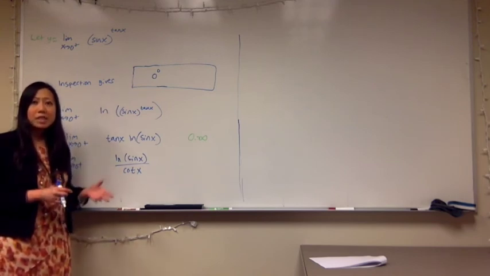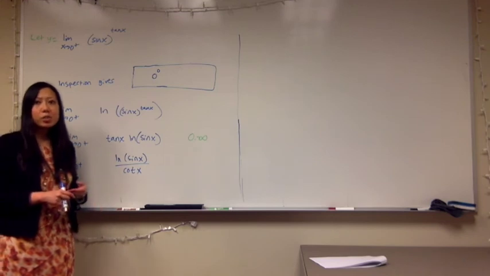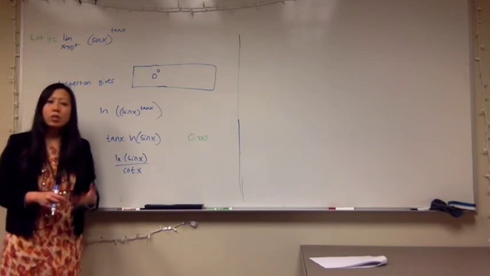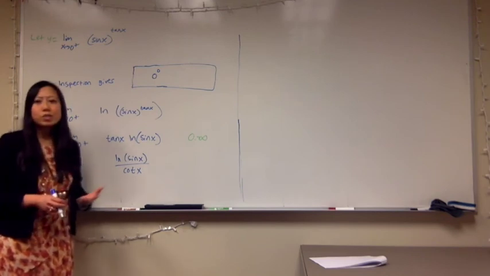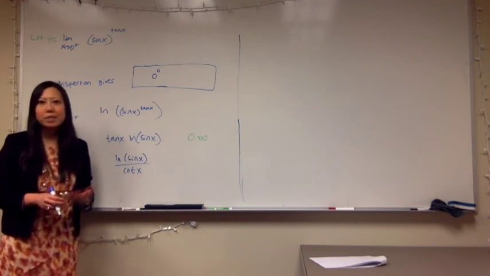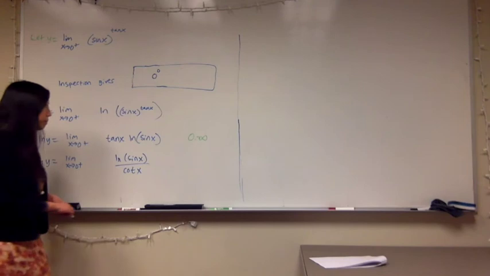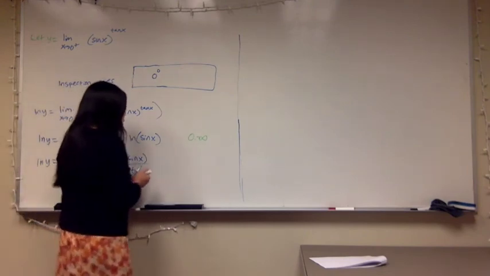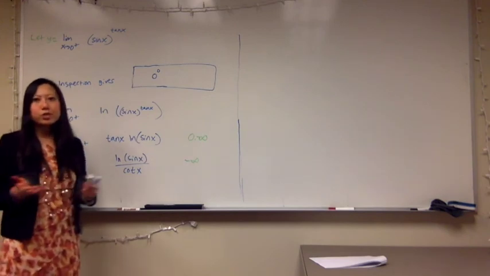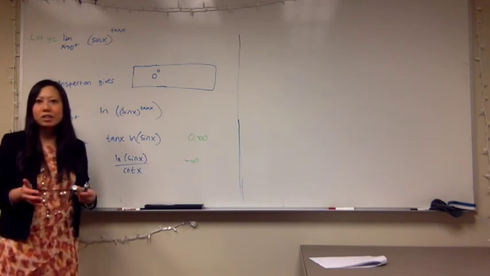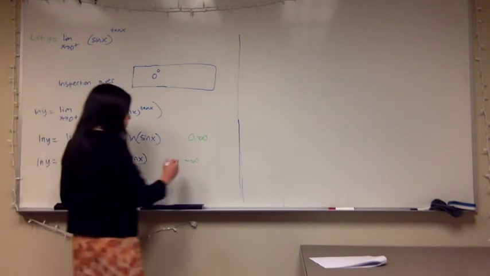So if cotangent is the opposite, then I'm going to have 1 over 0, which is either infinity or negative infinity. But it doesn't matter which, because whether this is positive or negative, I'm still going to have an indeterminate form. The numerator is approaching negative infinity, the bottom is either approaching positive or negative infinity. Who cares? It's still an indeterminate form.